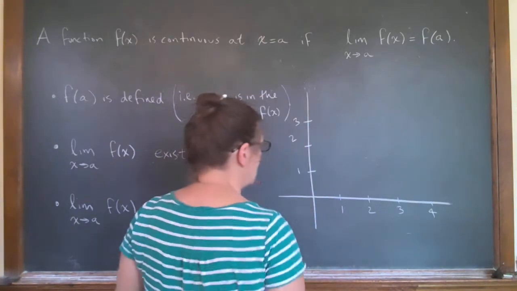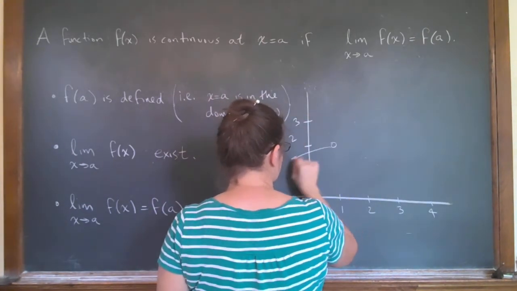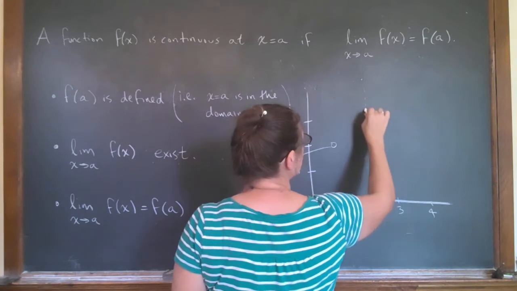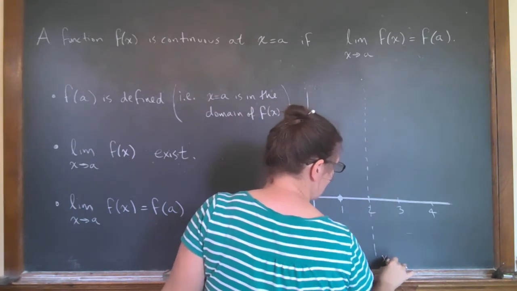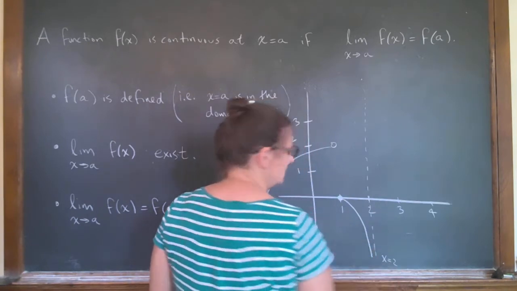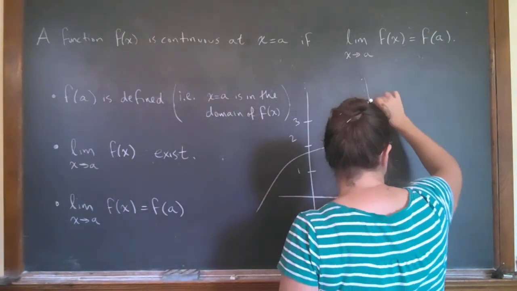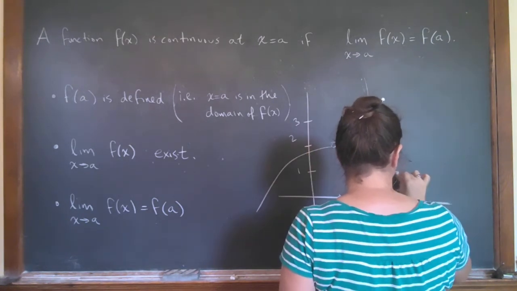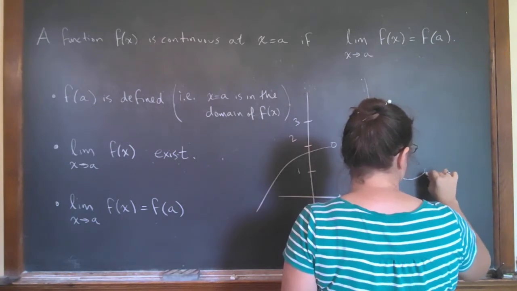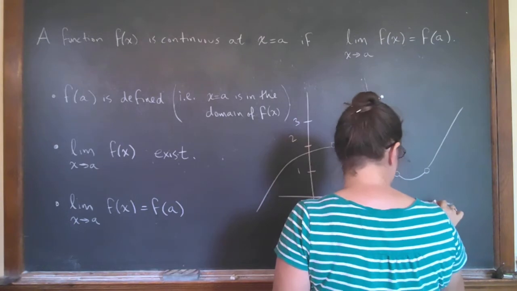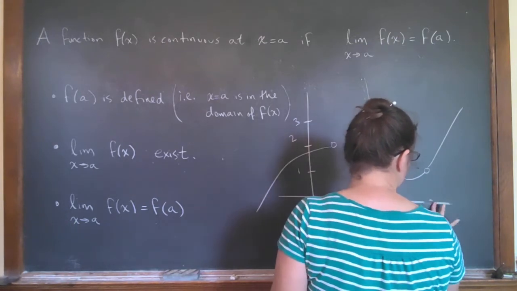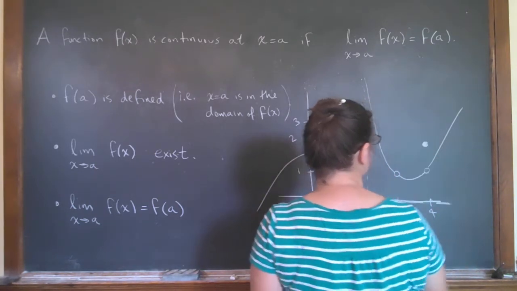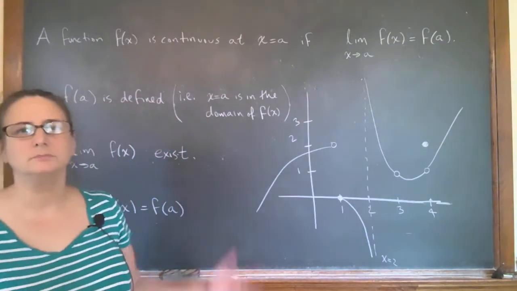Let's throw in some asymptote here. Let's put in some open circles, and some other point there. Okay, so there you have it.